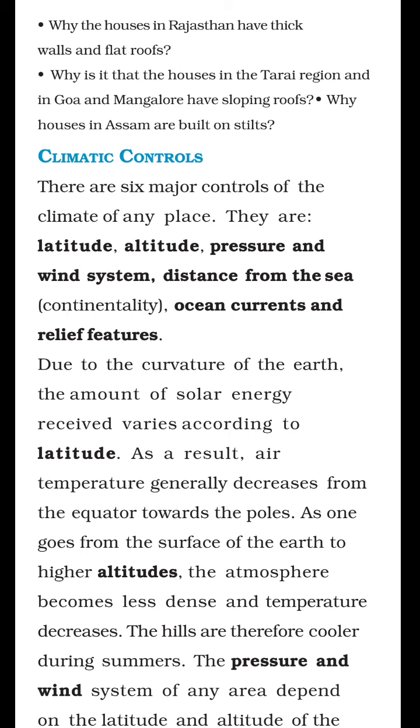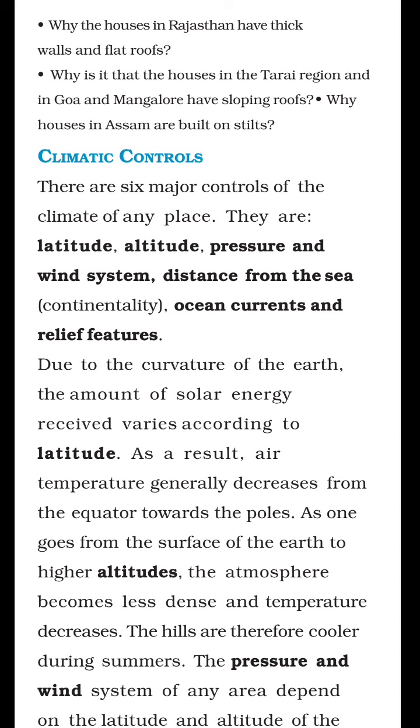Then the next portion is pressure. We all need the pressure of the air. That's why we are standing on the earth's surface. If the pressure of air were removed, we would be floating.